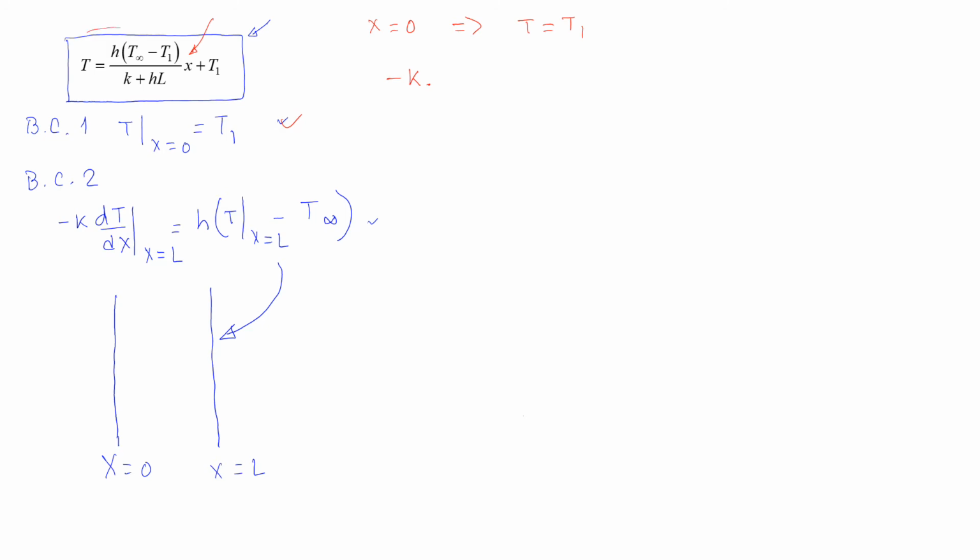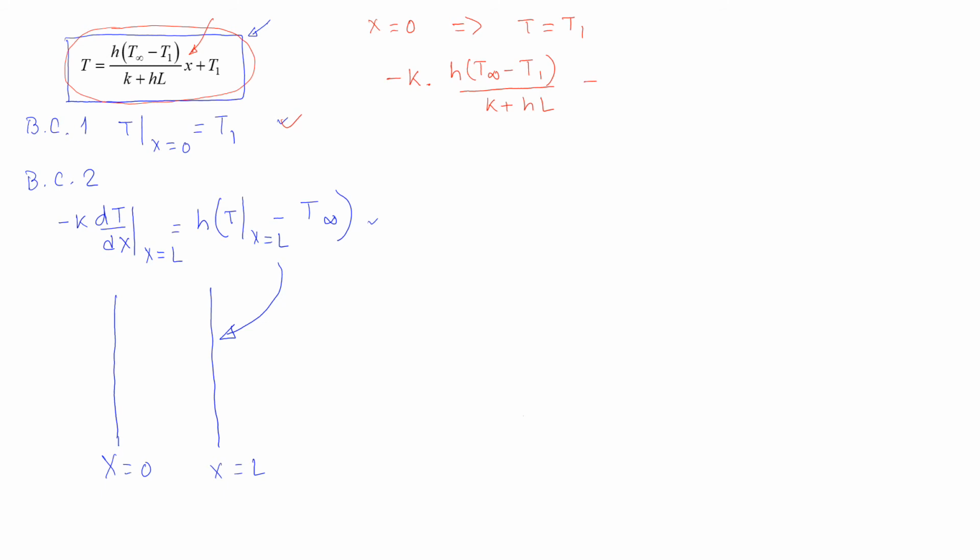This is my temperature equation, so I take the derivative, which is h times (T infinity minus T1) over (k plus hL). That's my dT/dx at x equal to L, but there is no more x, so it's a constant value.